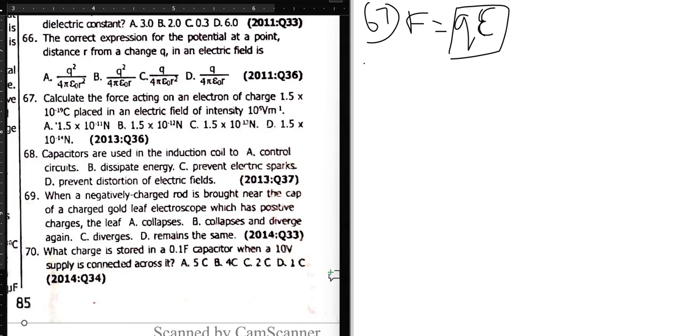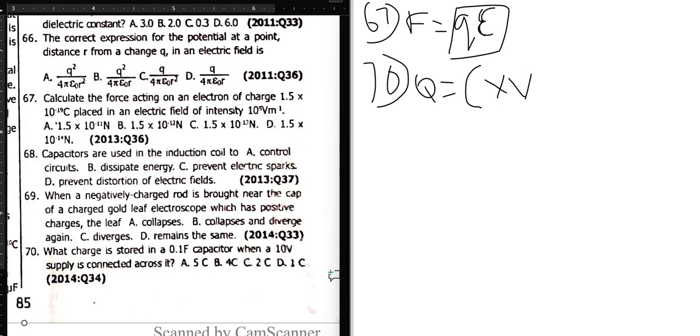All right. So 70 says what charge is stored in a 0.1 F capacitor when a 10 volt supply is connected across it? Straightforward. What we're doing here is Q, which is charge. So we're going to say capacitance times volt.